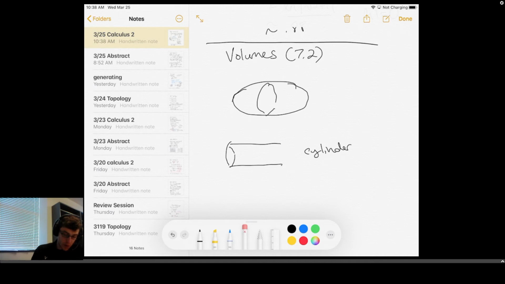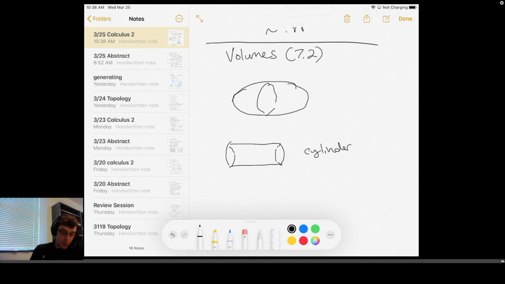Should this be the other way? Yeah. The idea is to split it up into a bunch of circles and then add it all up. You can do that with the one up above too, it's just that your circles don't all have the same area.